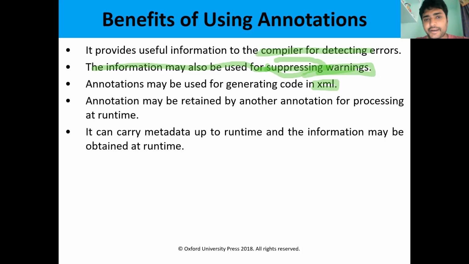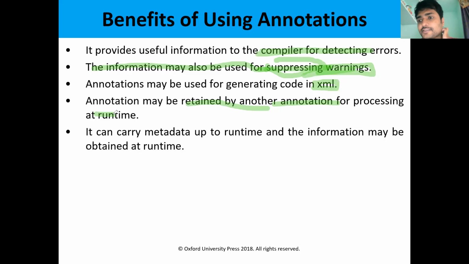So annotation may be retained by another annotation for processing at runtime. Annotation lifetime means, if you create any annotation, how much time the annotation is retained with the program. Suppose if you create any object or any variable, the variable has some scope, some lifetime. That means till the end of the program, or till the end of the class, or till the end of the package.